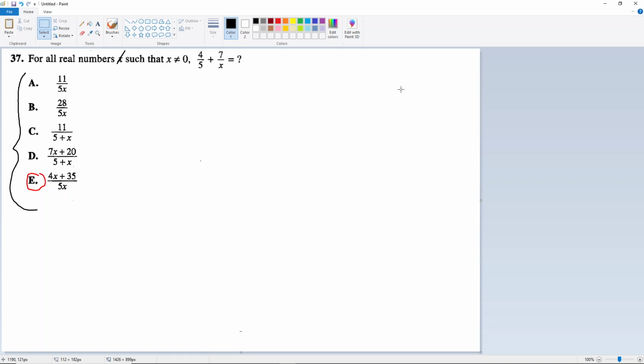To make this easy, I'm going to say x equals 5, because that way I'll have a common denominator already. So I have 4/5 plus 7/5 equals 11/5. Wait, 12/5. So now I want to plug x equals 5 into my choices and see which one comes out to 12/5.